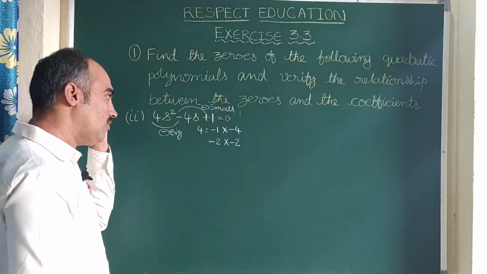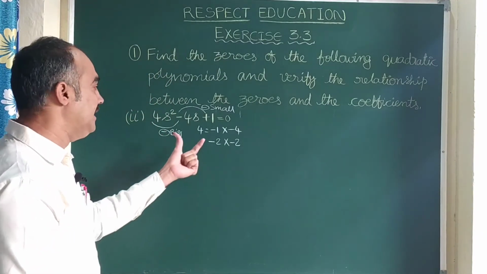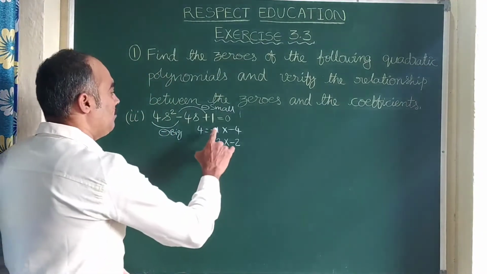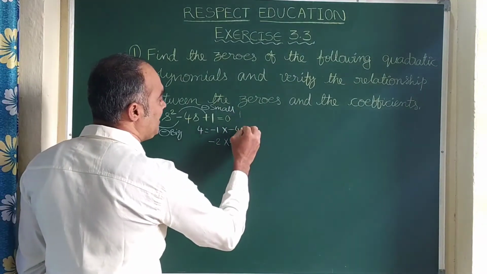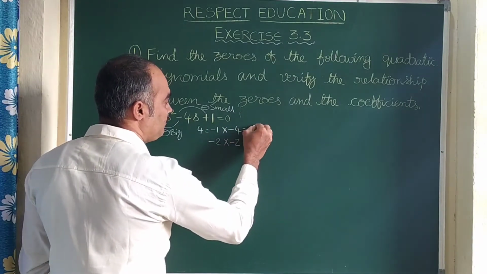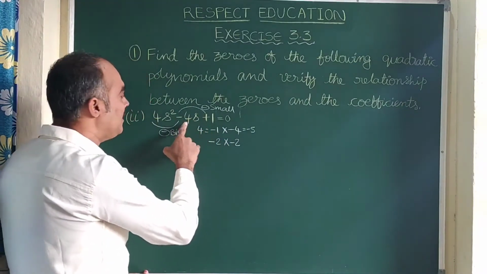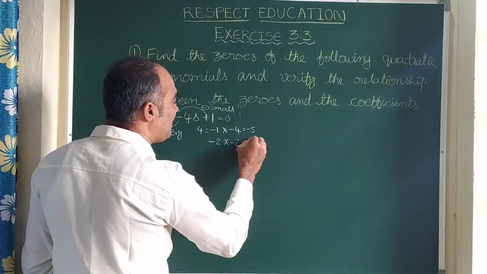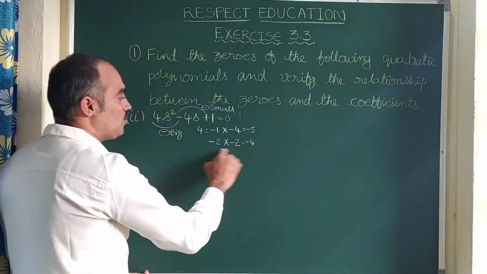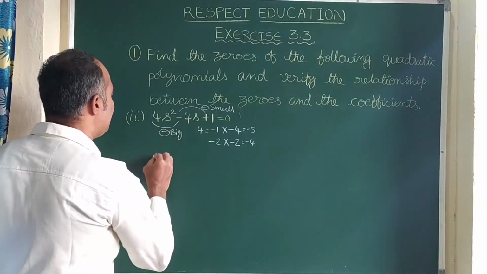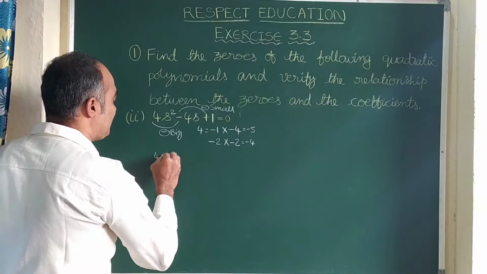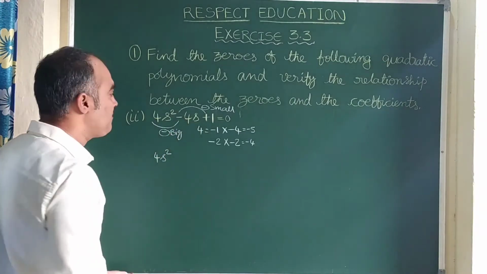Now the multiplication work is over, we need to take the addition, means sum. Minus 4 minus 1 is minus 5. Right? It is minus 5. So minus 5 is not the middle term. Minus 2 minus 2 is minus 4. So this is suitable. Let us split this middle term as 4s square, as it is, the first term.